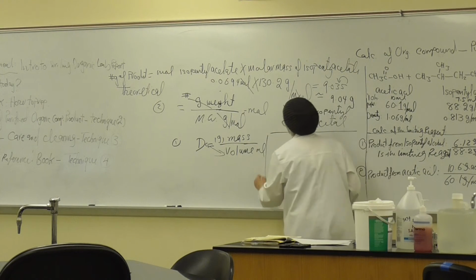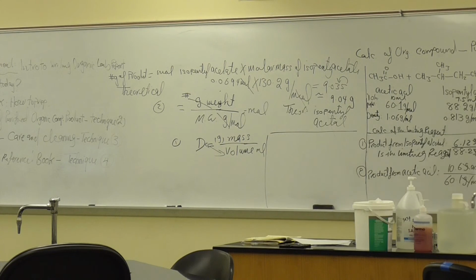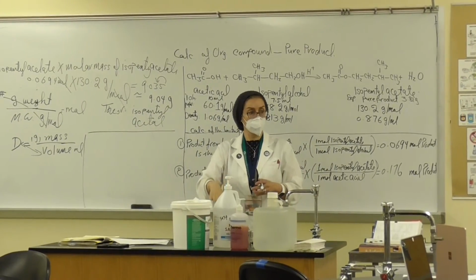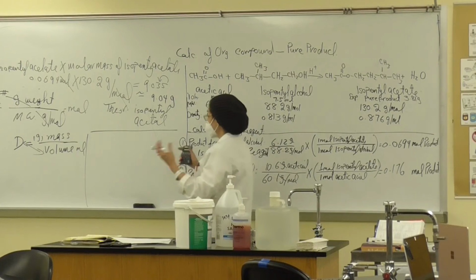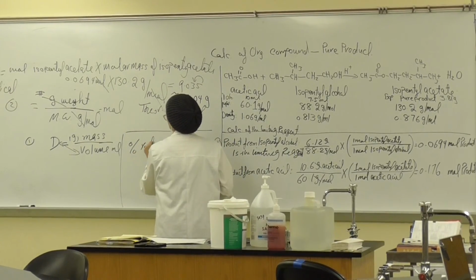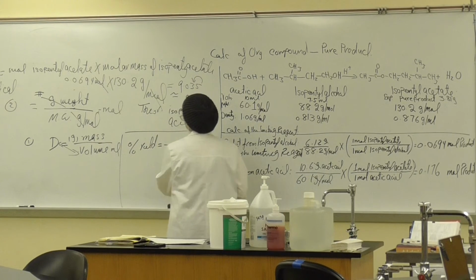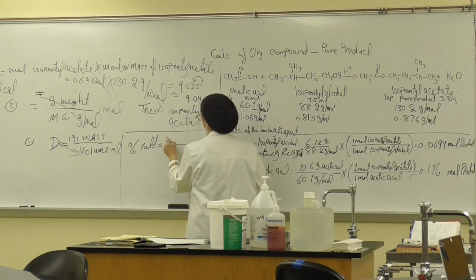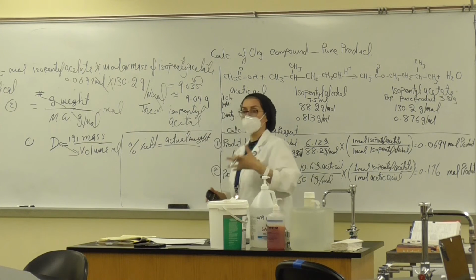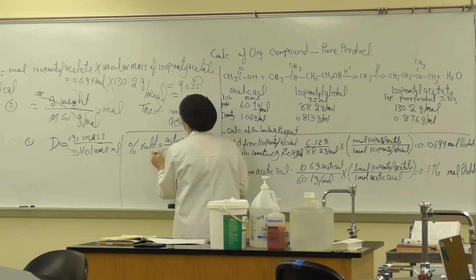After you find the theory and you have the experimental, that's how much you collected, on hand. And then you're going to have the percent yield. Percent yield is equal to the actual weight that you collected during the experiment divided by the theory.